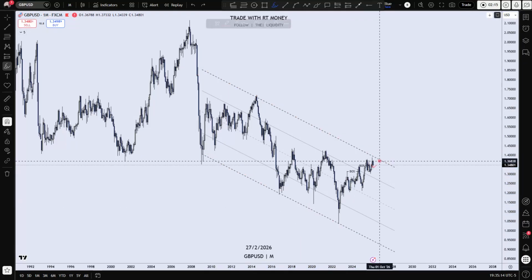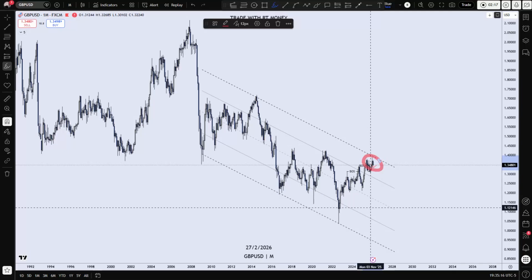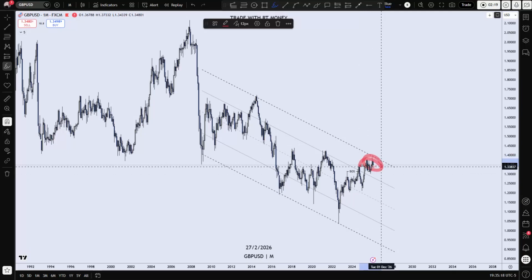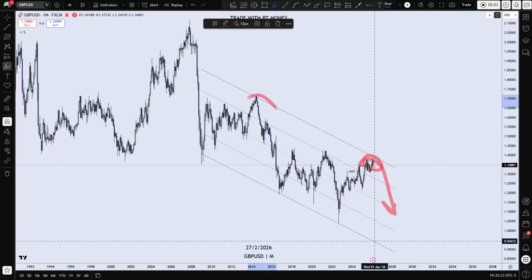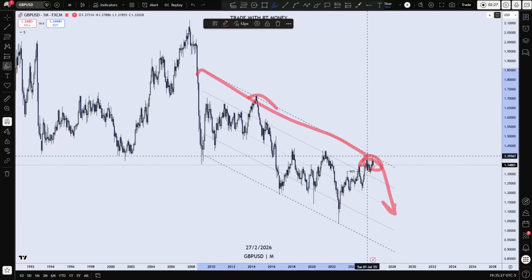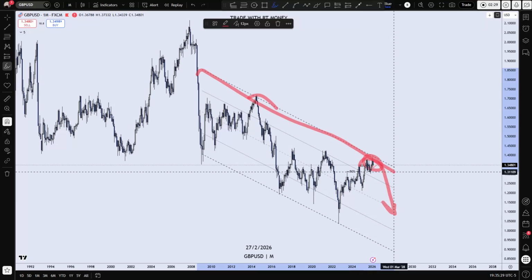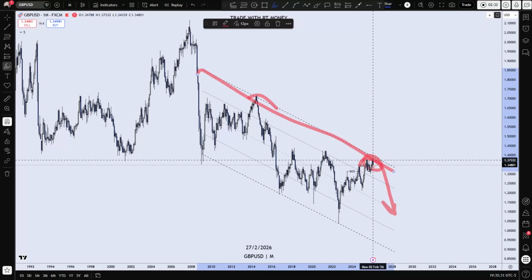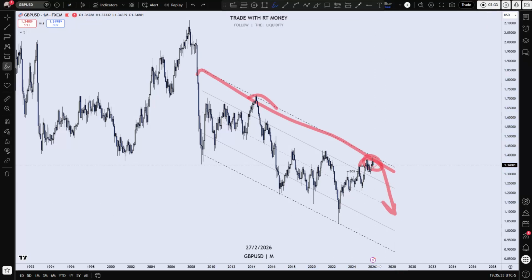And the market is at that point where it could turn right over, just like it has in the past over here. Once it reached the resistance line of the channel, there's a fair expectation that the market's probably going to turn over.